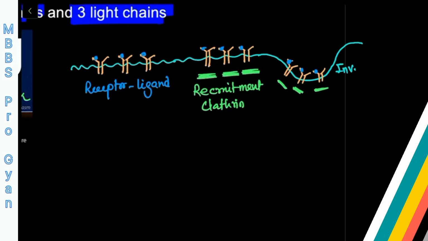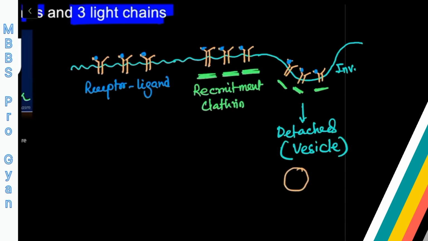Next, this depression area will form a pit and be detached from the membrane as a vesicle. Inside this vesicle the receptor along with the ligand is present, and surrounding this vesicle the clathrin protein is coated.